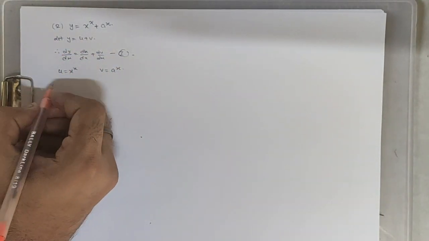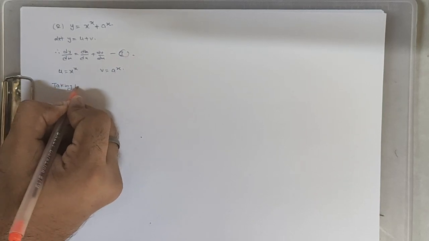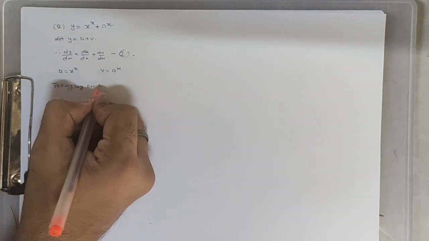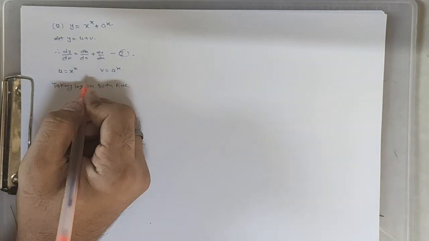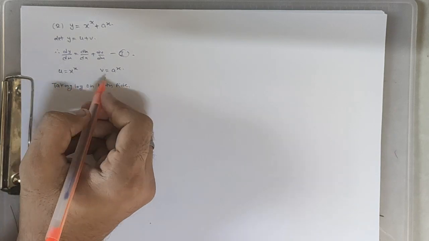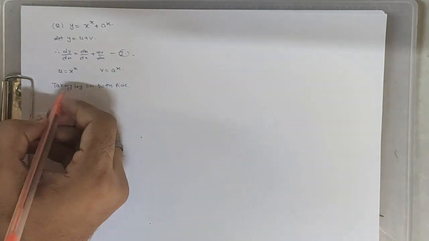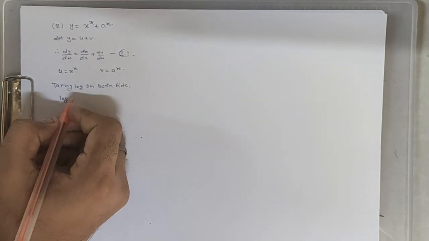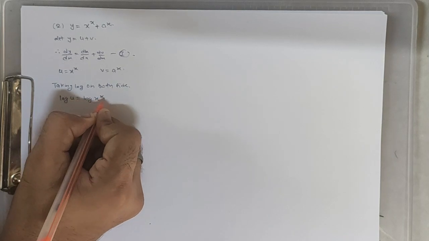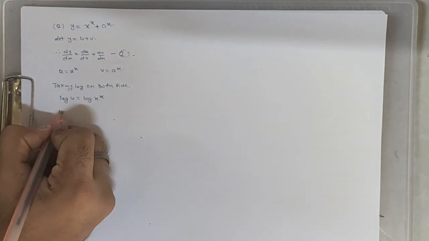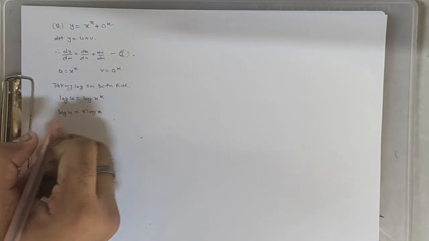So taking log on both sides, and we will take log on both sides in the first term only, that is u, because we know the differentiation of a raised to x. So this will be log of u is equal to log of x raised to x, so log u is equal to x into log x.